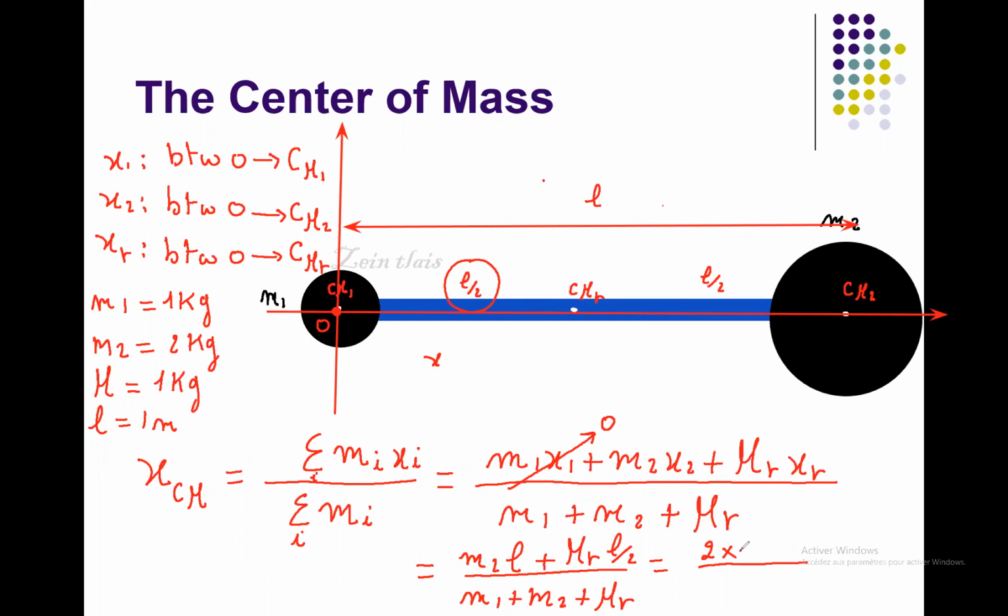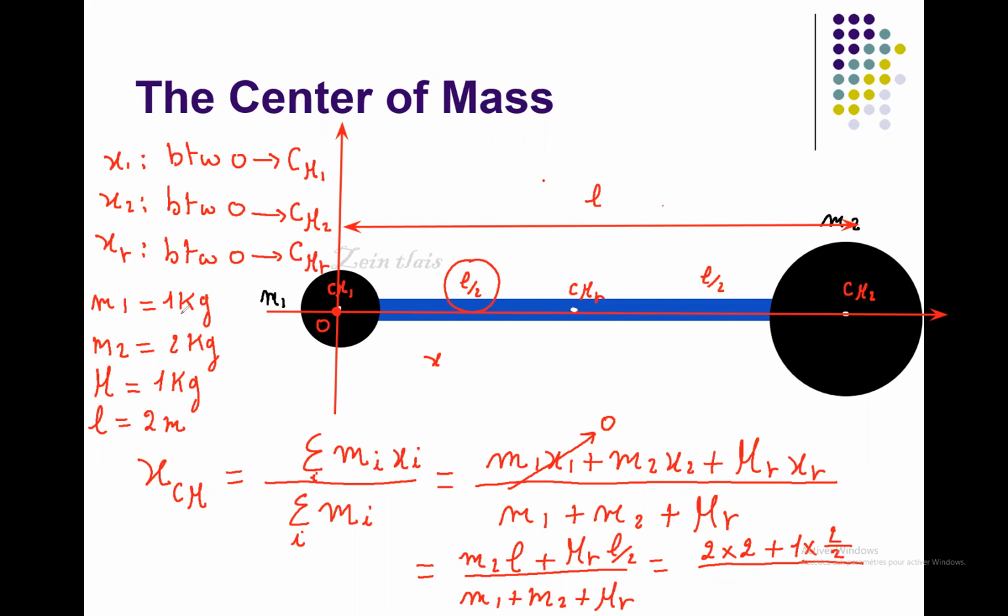So we have 2 times 1 plus... just to simplify the calculation, let's say L equals 2 meters. So we have M2 times 2, plus MR equals 1 times L over 2, equals 2 over 2, divided by the summation of the mass.